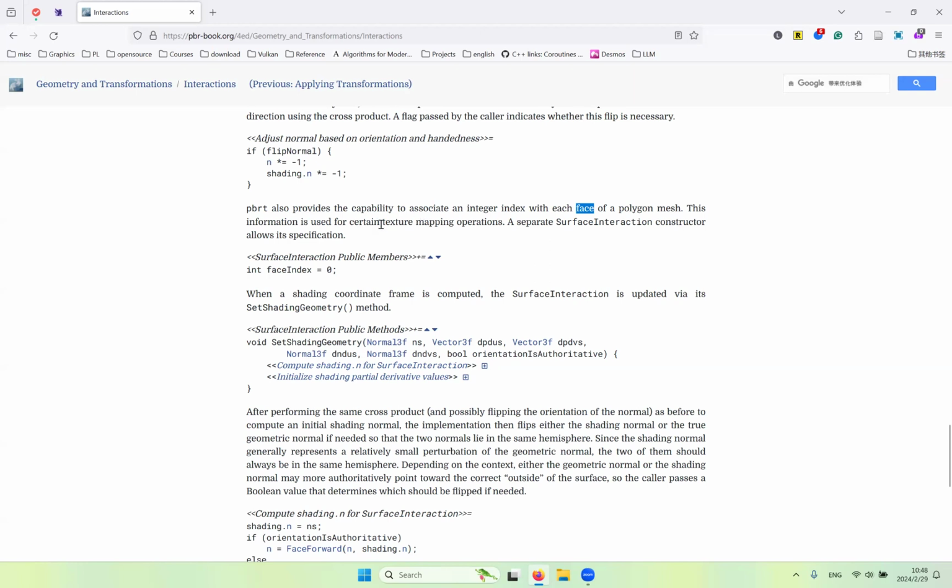Do they have a per-face texture kind of thing? That's why they have this? Probably.